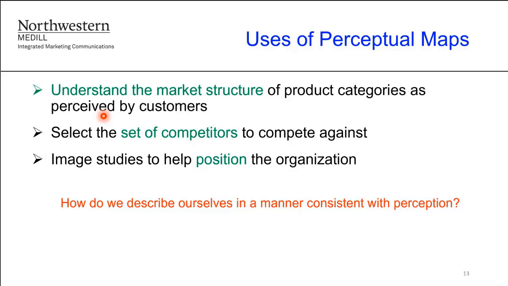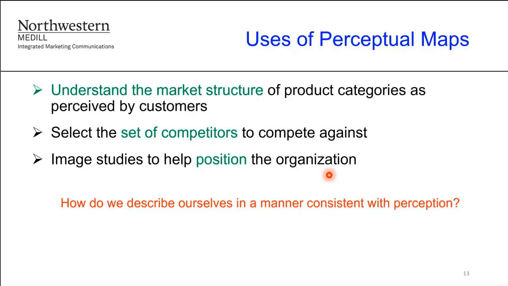Okay, so mostly we use the customer survey data for this, and we use this perceptual map to select the set of competitors to compete against. So if we create this perceptual map with multiple brands, we can see which brands are our competitors. And third, we use image studies to help position the organization.